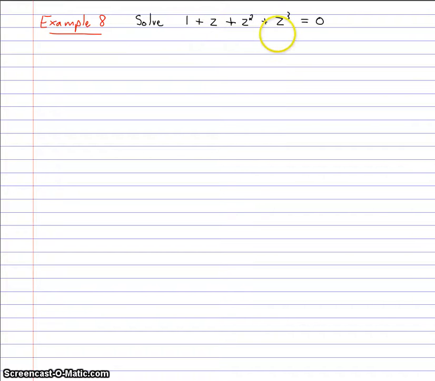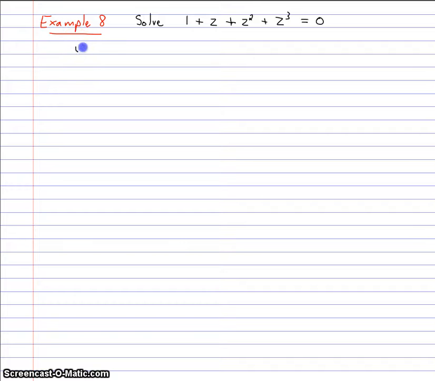We've just done sequences and series, so hopefully you can recognize this is a geometric series. So we can look at this as a sum to 4 terms. That's an important way to solve this particular type. If you can recognize that it's a series, then we use that knowledge in solving it.